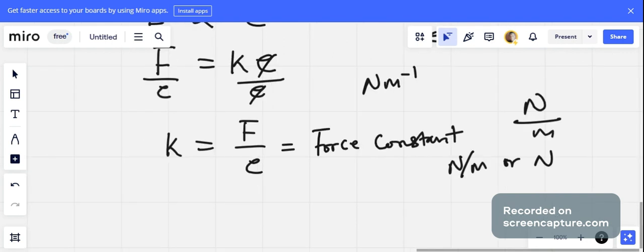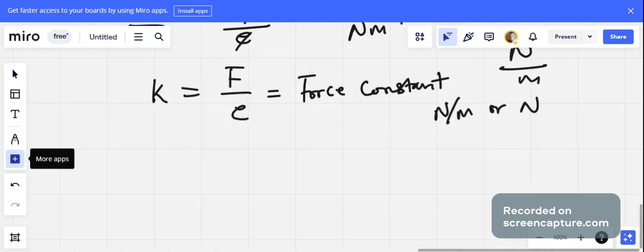Every substance has an amount of strength with which it can withstand deformation, so that if you deform it, it is able to bounce back to the original shape. So every substance has its K value, its force constant value. You understand? So that is it for Hooke's law.